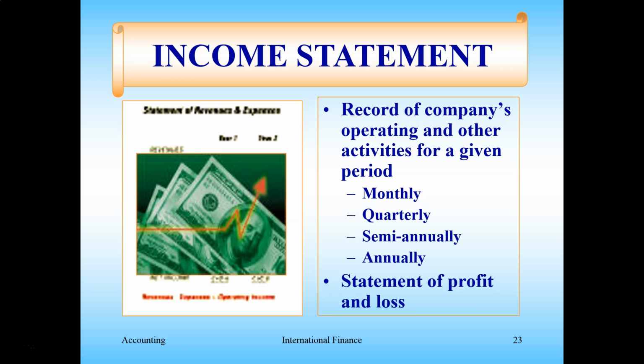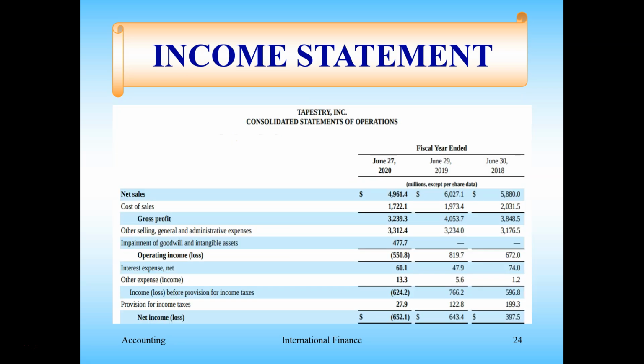An income statement is a record of the company's operating and non-operating activities for a given period, be it monthly, quarterly, semi-annually, or annually. Simply put, it is a statement of profit and loss. See Tapestry's income statement.